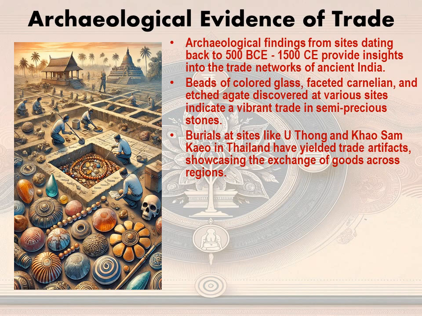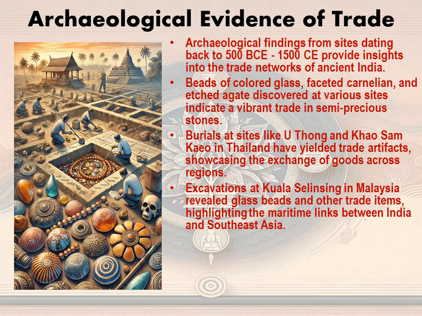Burials at sites like Yu Thong and Khao Sam Keo in Thailand have yielded trade artifacts showcasing the exchange of goods across regions. So, in burial sites of Thailand, we get Indian commodities being used as grave goods. That showcases the fact that the commodities had to be exchanged across regions.